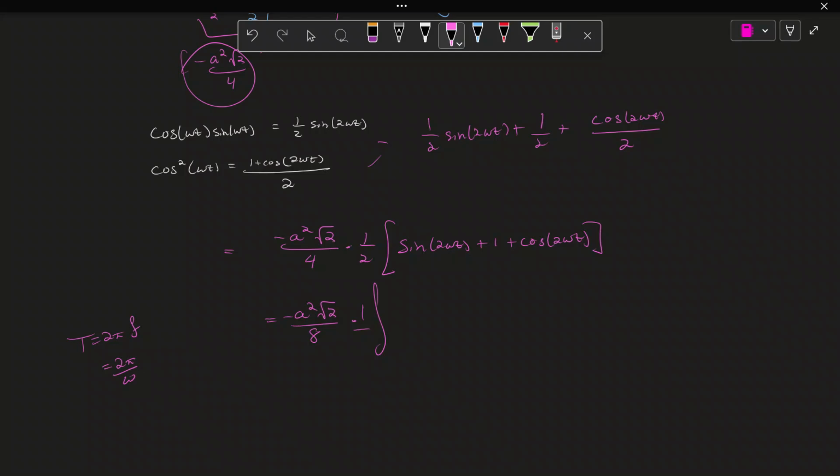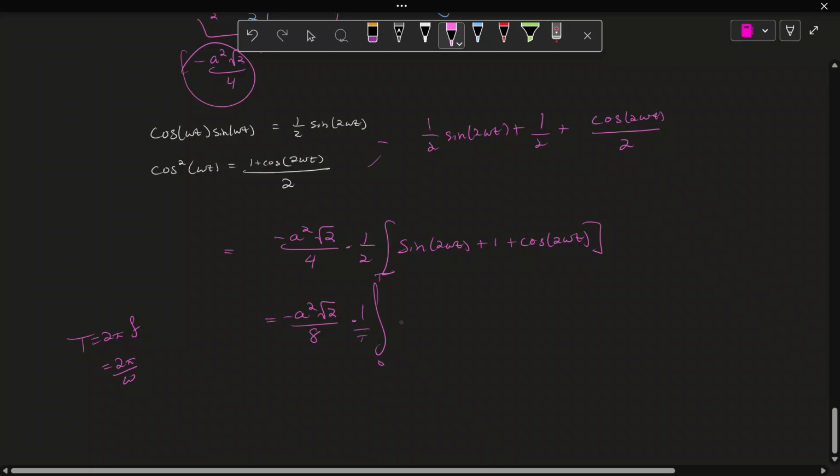Yeah, it's 0. So you'd get 1 over T integral from 0 to T of sine of 2 omega t plus 1 plus cosine 2 omega t. And we know the time average of sine and cosine is always 0. And then we have this with respect to time.